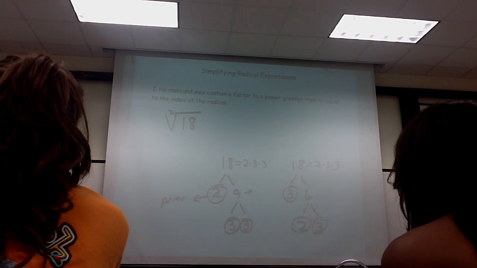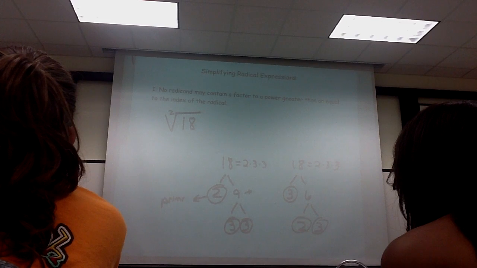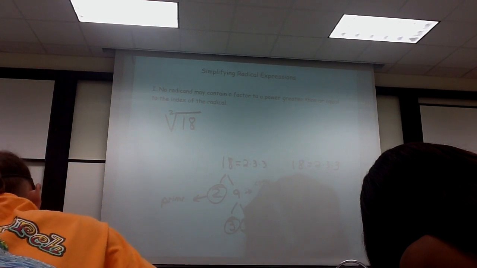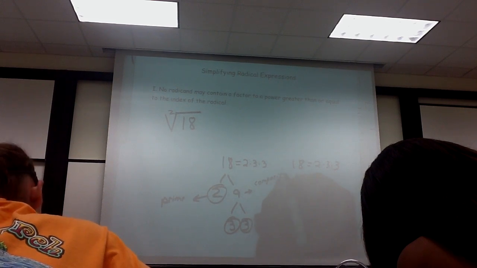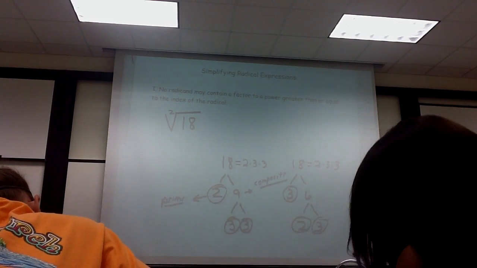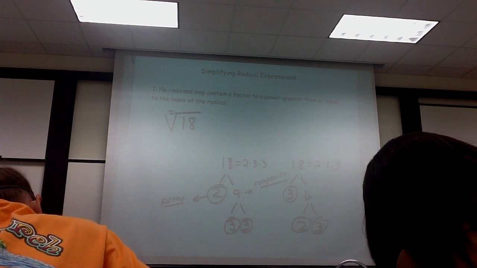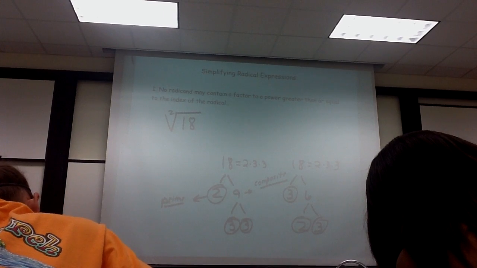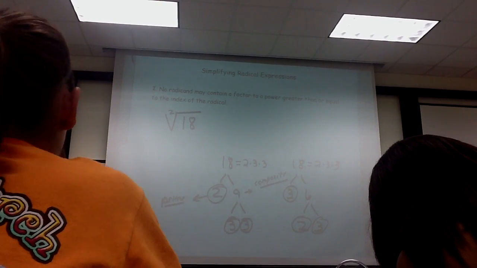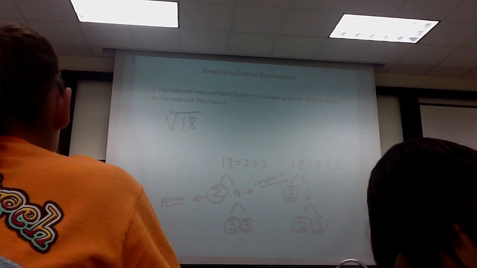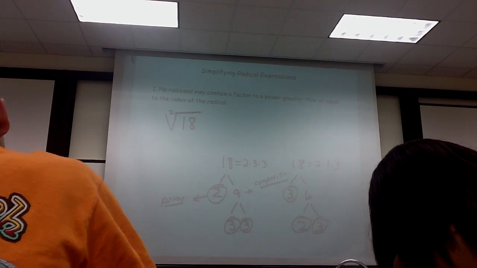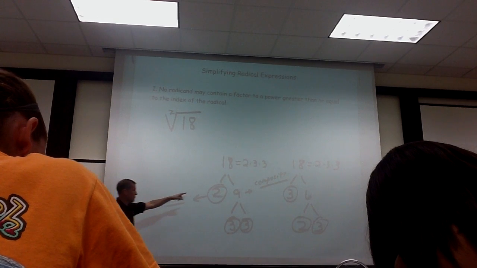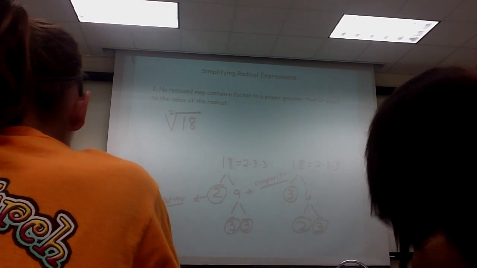Composite. It's composite, ladies and gentlemen. If you've had your geology, you've studied composite rocks. Rocks that are blended, put together by pressure and temperature. Same idea. Composite rock has multiple parts. A composite number has multiple factors. Okay.